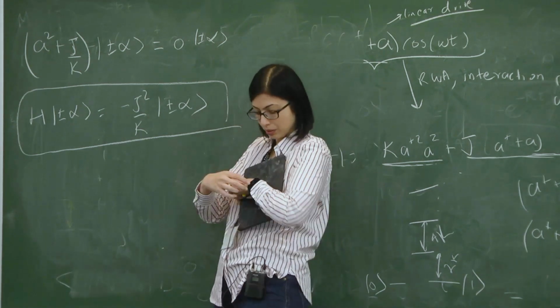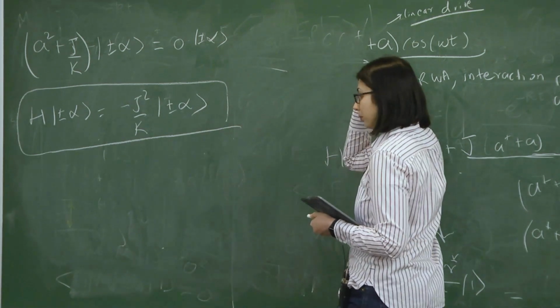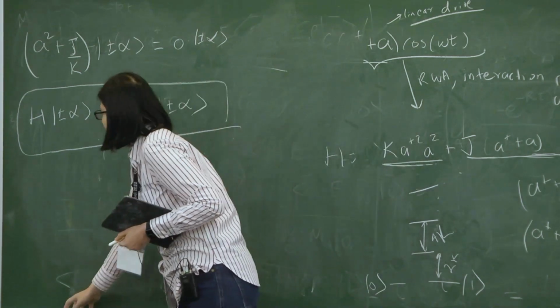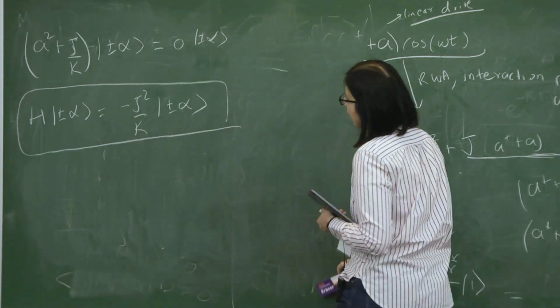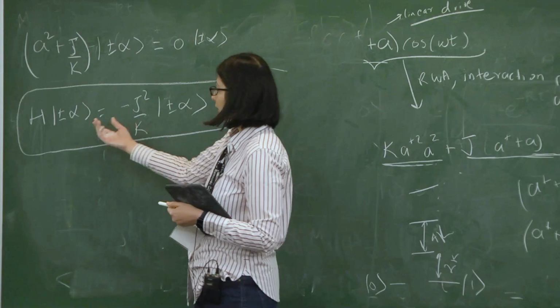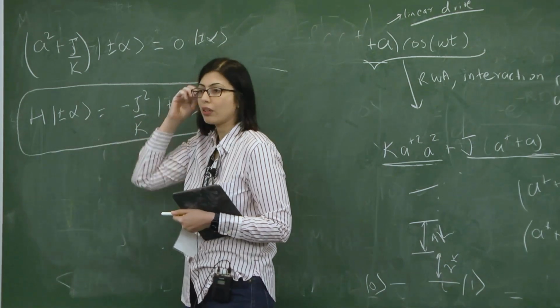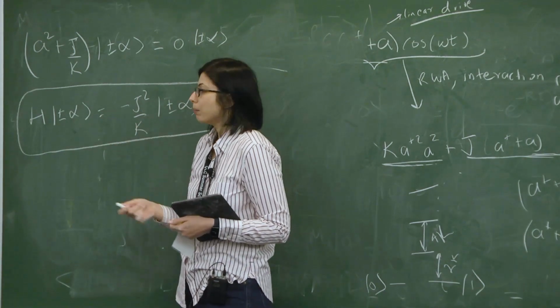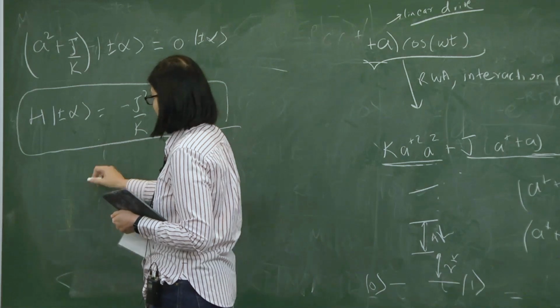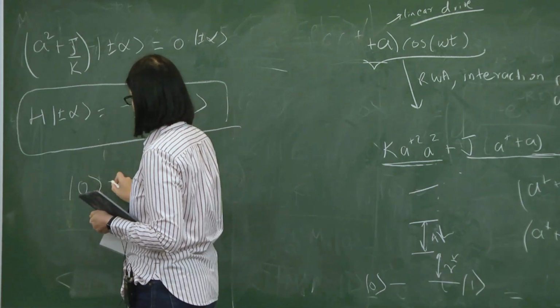That means that they form even and odd superpositions. These coherent states are not orthogonal to each other, but the following states are.